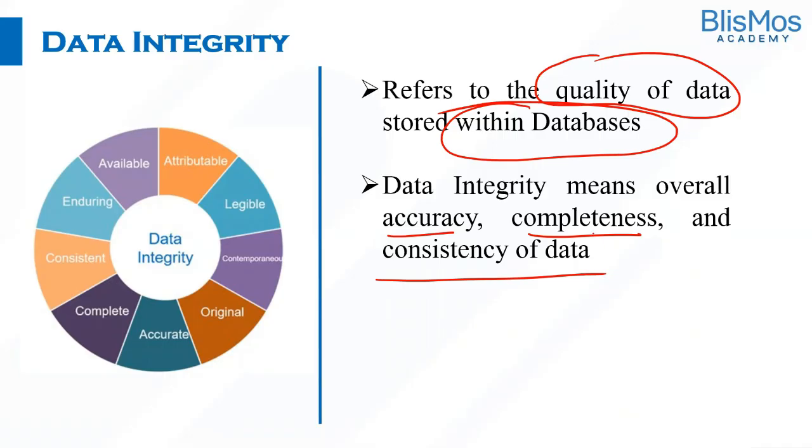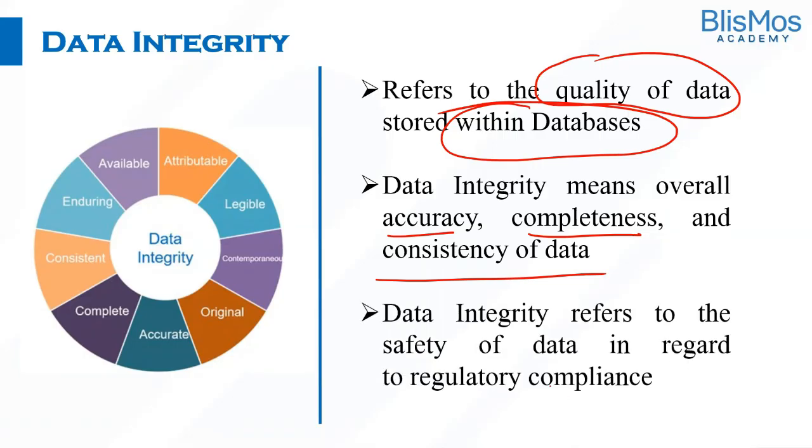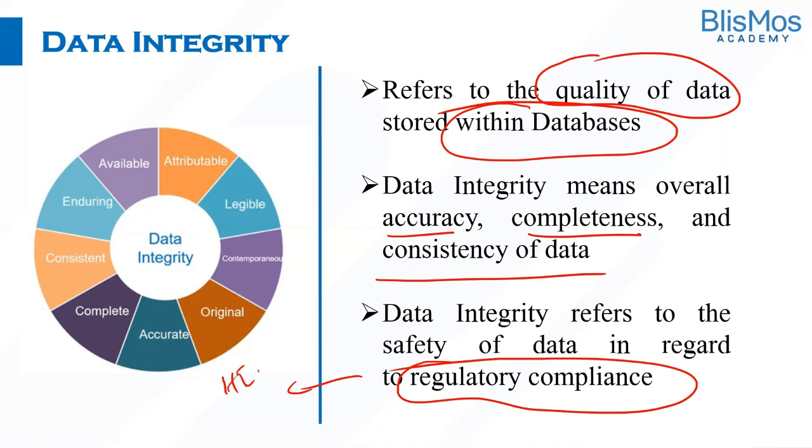Whether the data is accurate, whether the data is complete, or whether it is consistent across the different tables in a database, that is taken care of by data integrity. It also, in a way, takes care of regulatory compliance. Means when you go to different countries, like in the USA, we have HIPAA compliance. Those compliances will be taken care of as a part of data integrity.